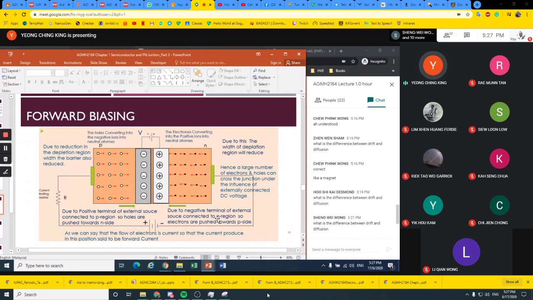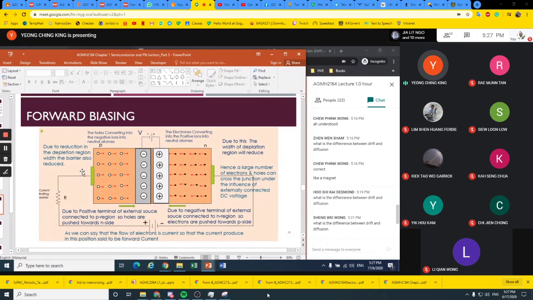So this is what happens when the diode is forward biased. The diagram shows what happened. You can see here, due to the negative terminal of the external source connected to the N region, electrons are pushed towards the P side, because here is negative, here is also negative. Therefore, it will try to push the electrons to the P side.